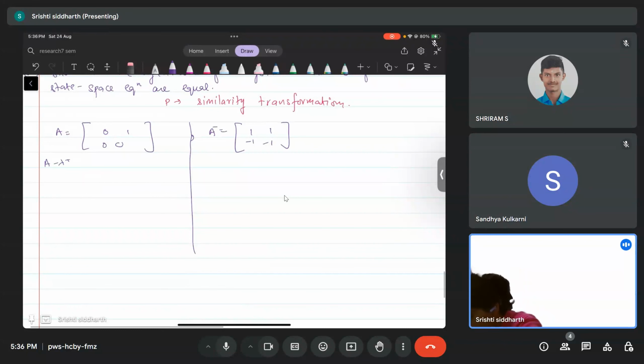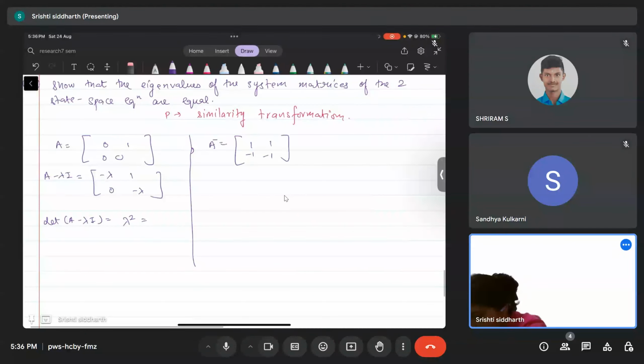So we have A minus lambda I, and the off-diagonal elements remain the same. The determinant is lambda square. So this equals 0, which implies that the eigenvalues are 0 and 0.